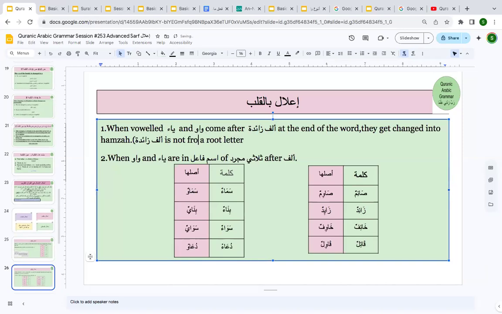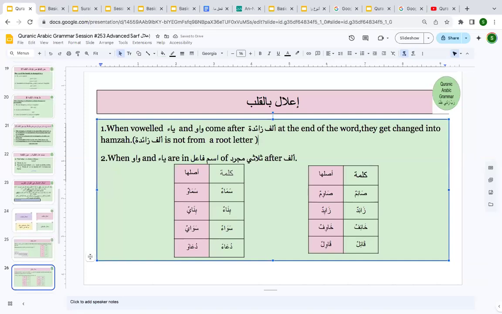It can never be a root letter, but this alif is not coming from a root letter of the word. Is this clear to all of you? That this alif is not coming from the root letter of the word. All of you understand this?